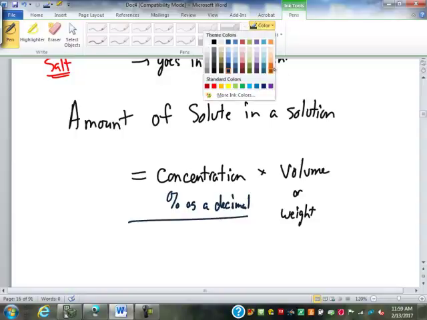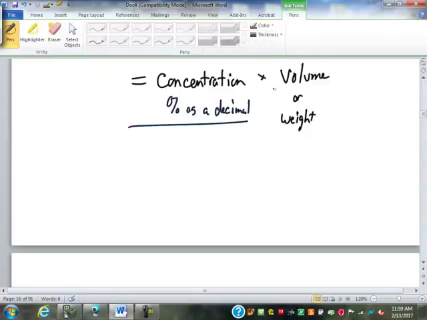So let's take a look. Let's say we have 300 milliliters of a 13% solution.